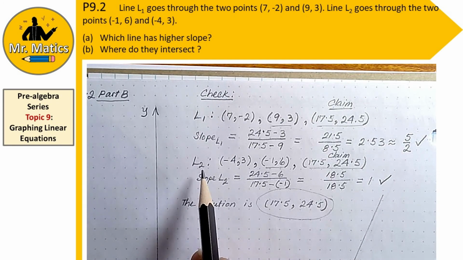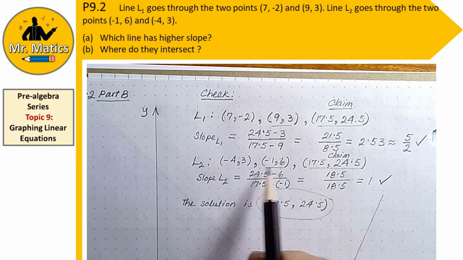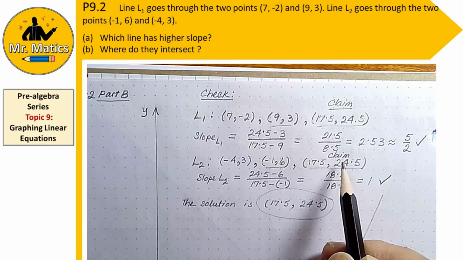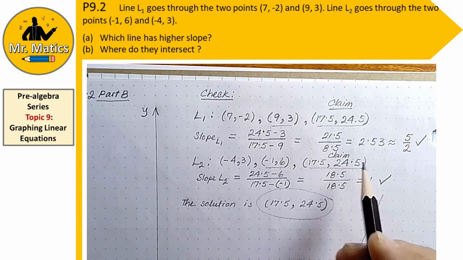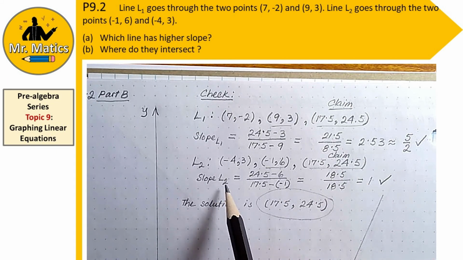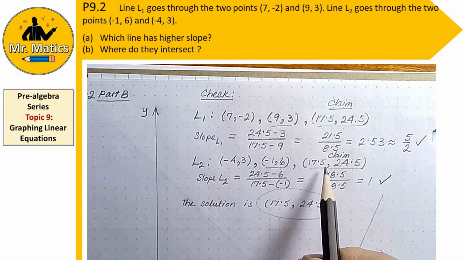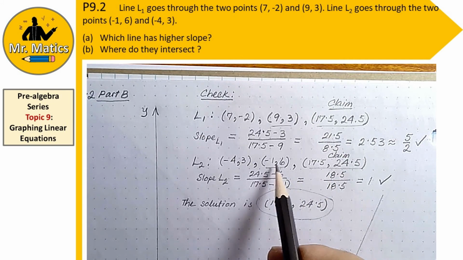I did the same with L2. L2 is passing through these 2 points. I'm claiming that this third point is also on L2, and then I'm calculating the slope of L2 using that third point and any of these given points.